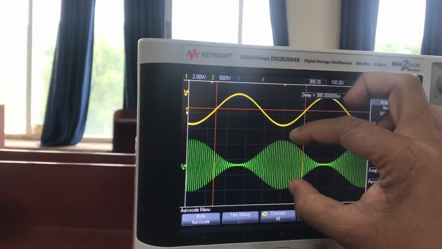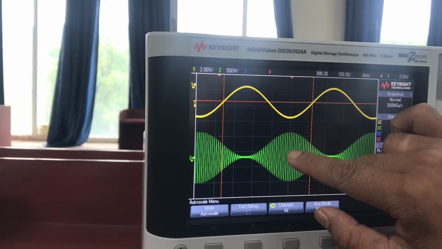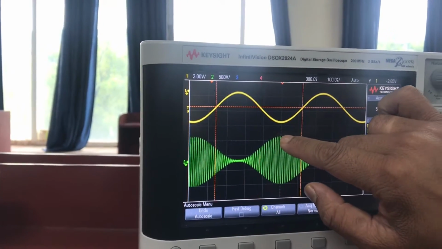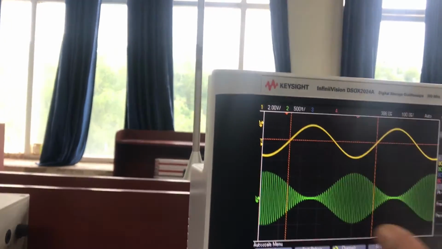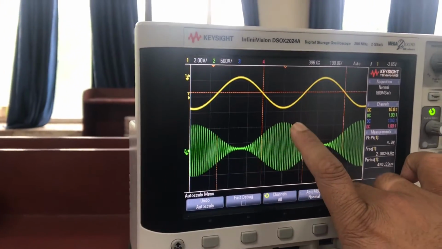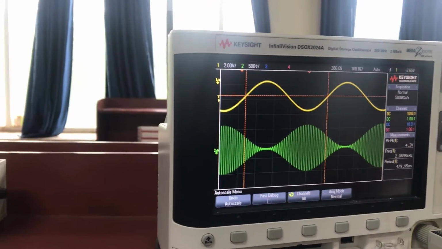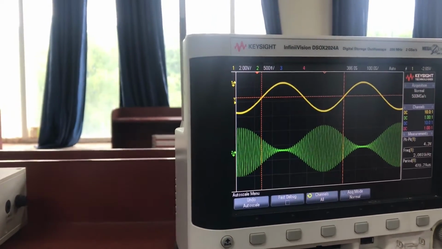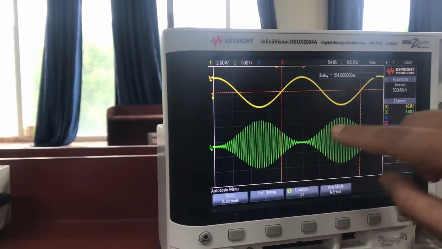You see, this is the P value. Here your reading is 1, 2, 3, 3.4, I think, 3.4 into your voltage per division, which is 500 millivolt or 0.5 volts. So you multiply these 3.4 divisions into 0.5, and you will get the P value. And for the Q value, you see these are the divisions.